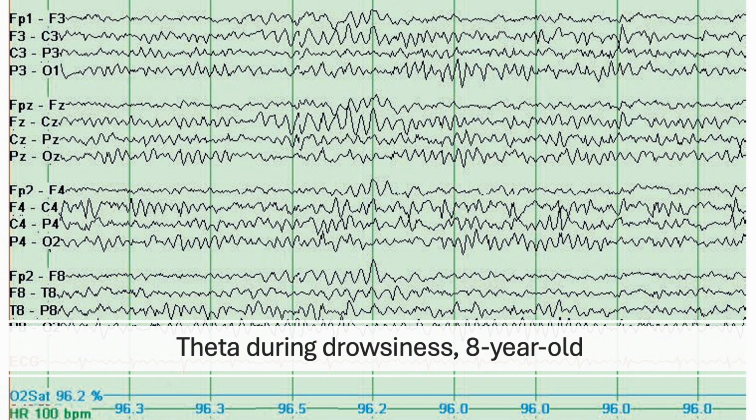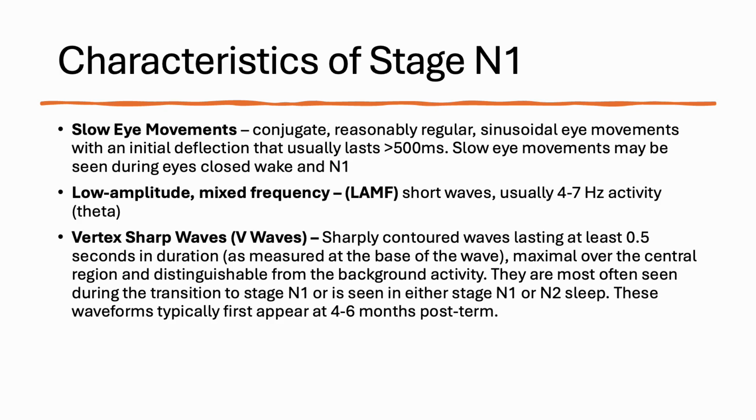This theta during drowsiness looks like PDR, and it is, but we don't call PDR theta, like adults for alpha. Slow eye movements, or I like to call them slow rolling eye movements, are conjugate, moving together, reasonably regular, meaning they have a pattern, sinusoidal, meaning up and down, eye movements with an initial deflection that lasts longer than 500 milliseconds.